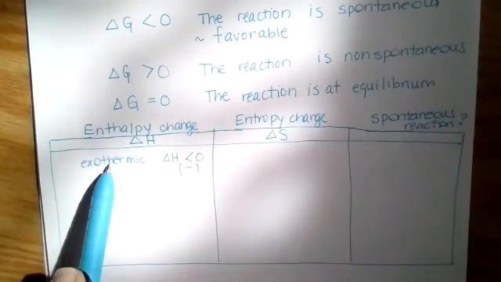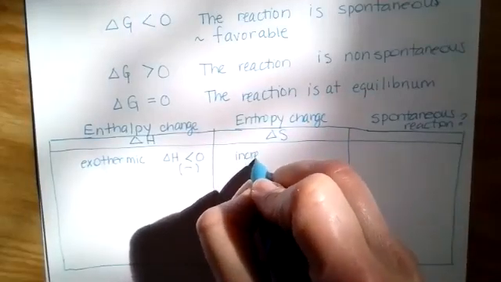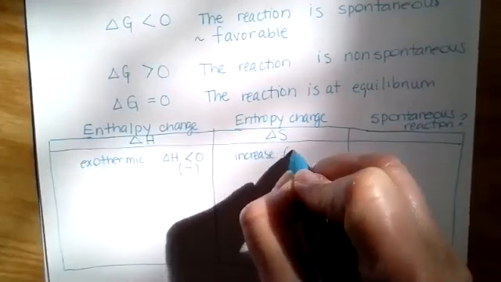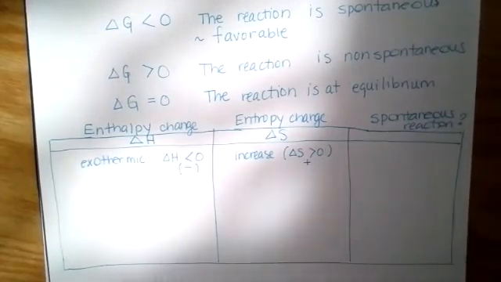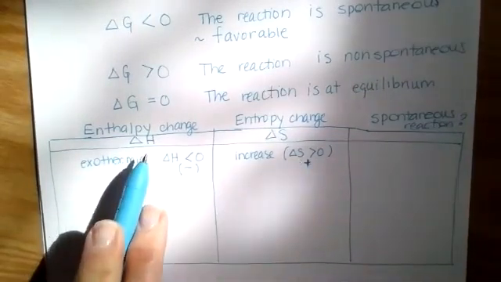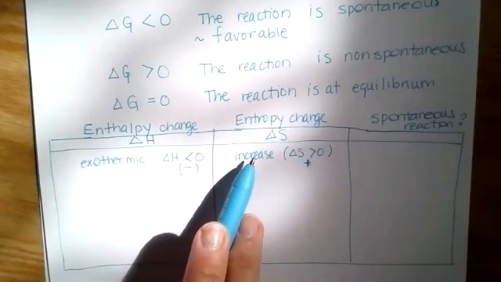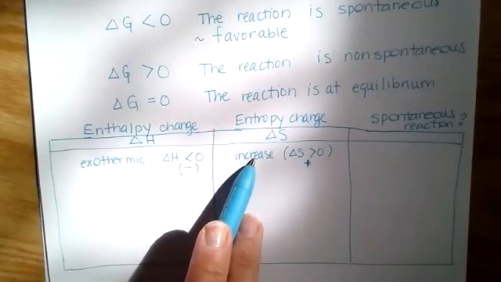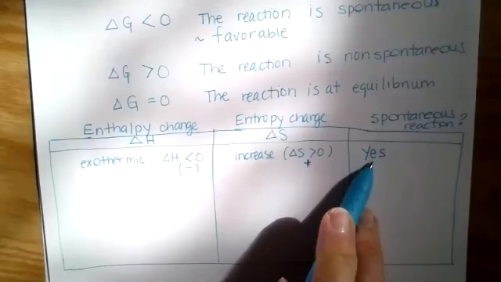There's a scenario where you could have an exothermic reaction, and your delta S was increasing. You had a positive delta S. So you calculate delta S, it was positive. You calculated your delta H and it was negative. So you have an exothermic reaction with lots of disorder, so lots of abilities for those reactions to bump. This would always produce a spontaneous reaction.